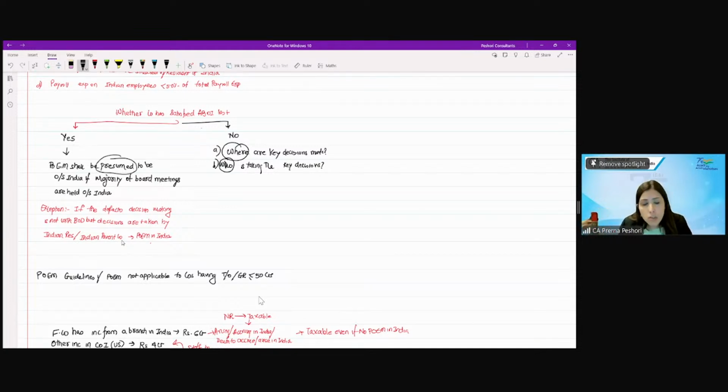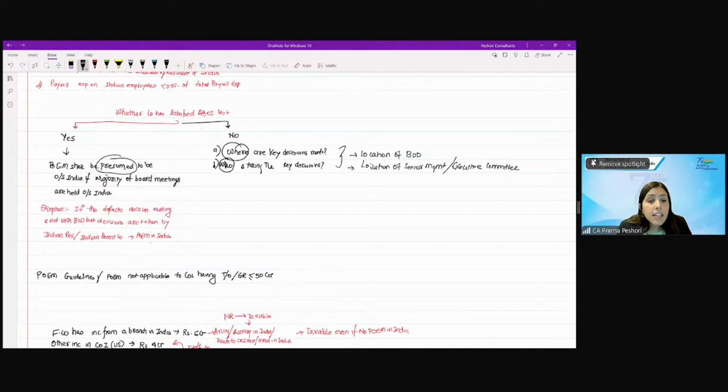If the ABOI test is not satisfied, then you need to ask who is taking the key decisions and where are those key decisions being made. Whether it is the board of directors, so you take the location of the board of directors, or if the board is not exercising the authority, then whether it is the location of the senior management or some executive committee, right?